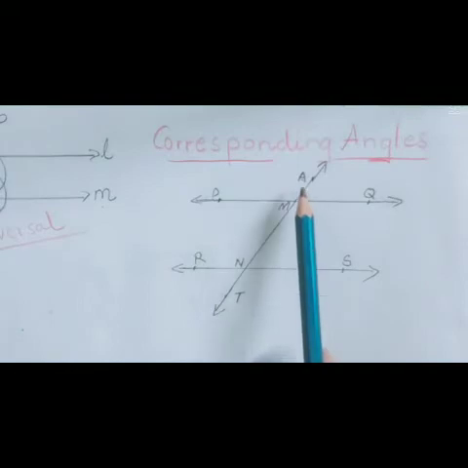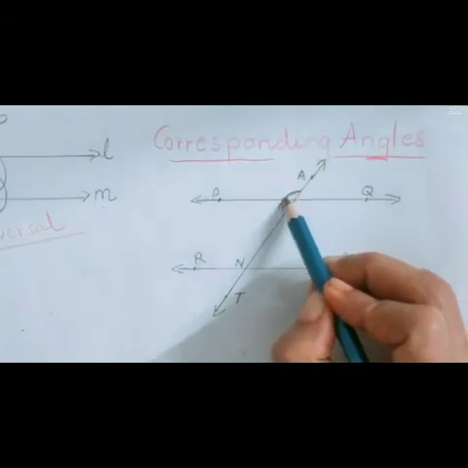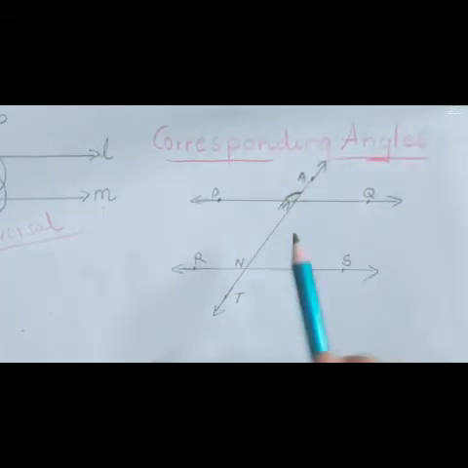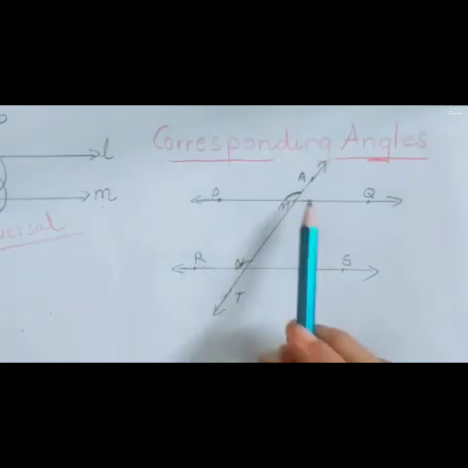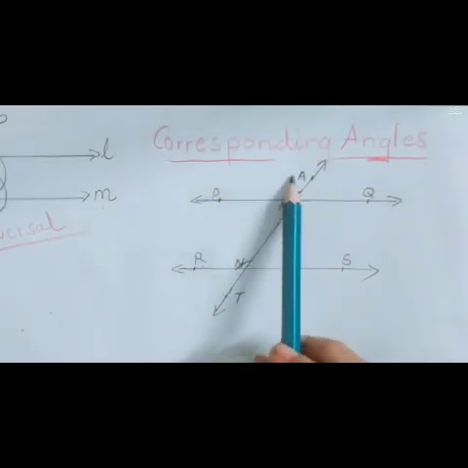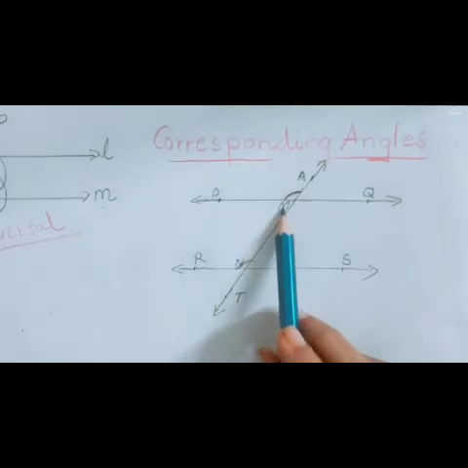So here how you will, now you want the first angle. Yes, this angle you want. So how you will read it? Angle AMP. Okay, so that is angle AMP. And the second one is angle M. From the center you will start M, AMP and MNR.